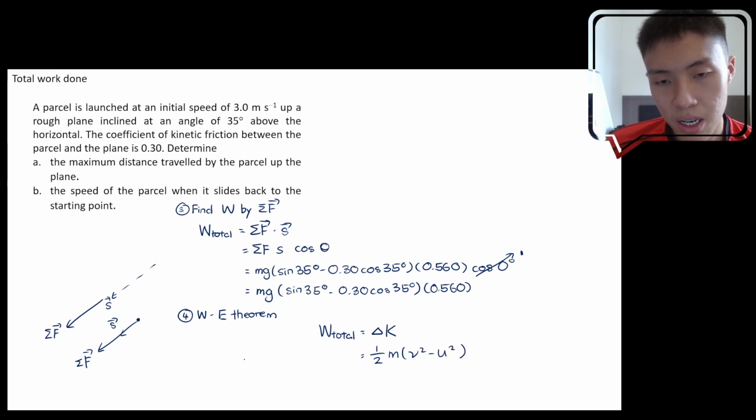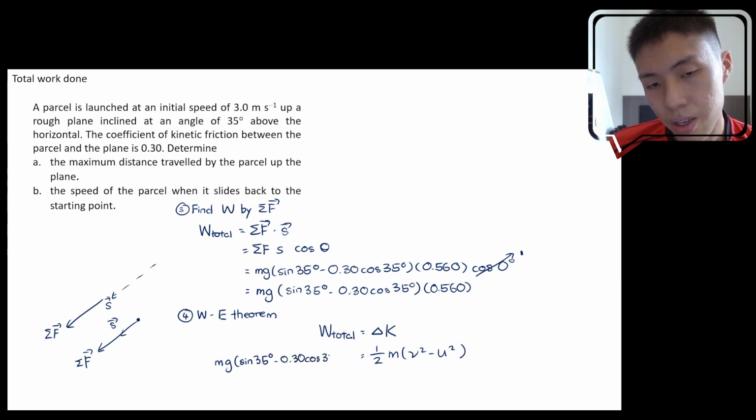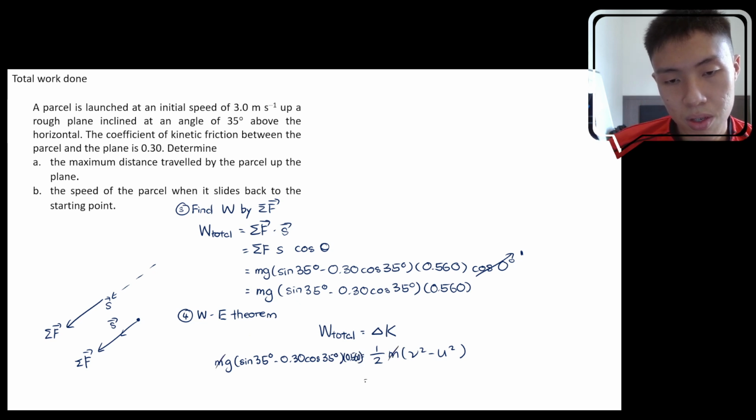For this, let's write down mg sine 35 degree minus 0.30 cos 35 degree, times 0.560. The m here can be crossed out, so we can do substitution.